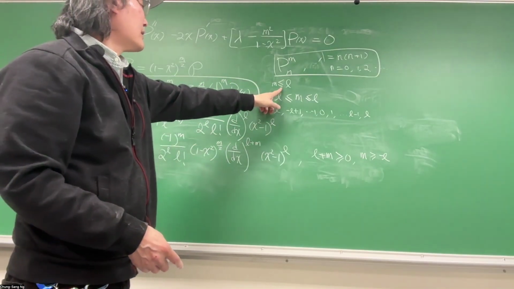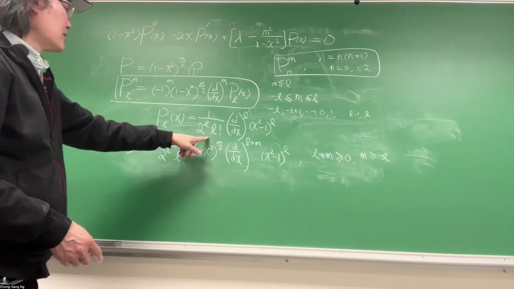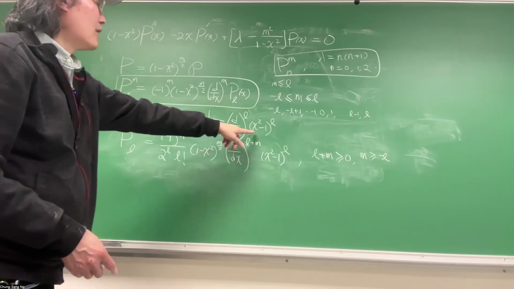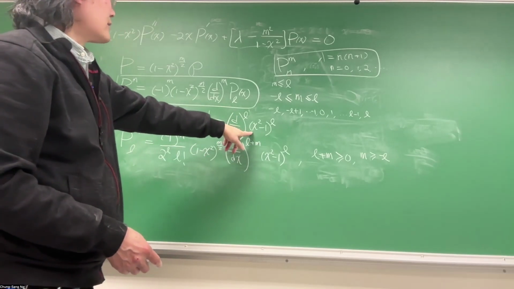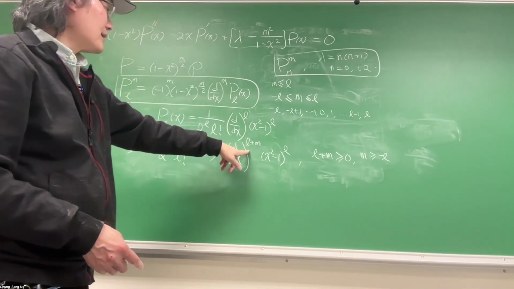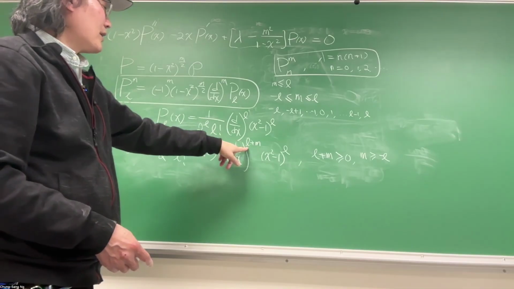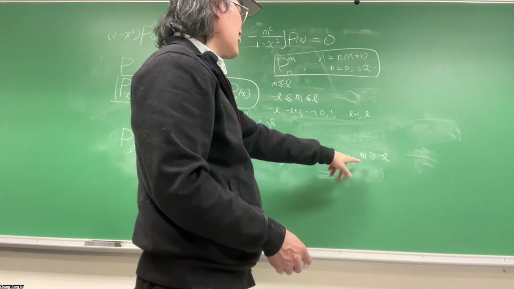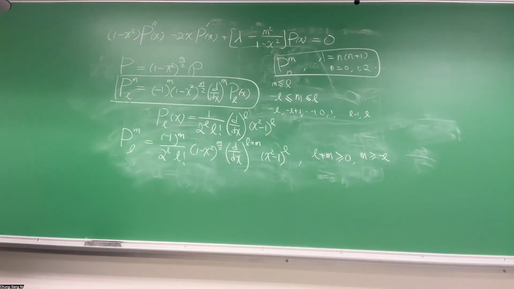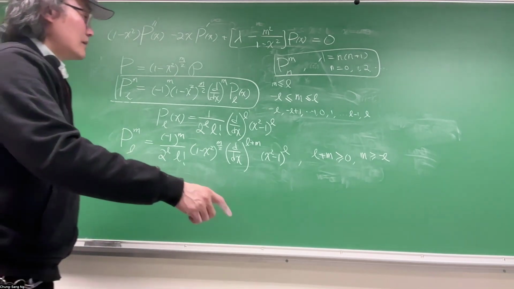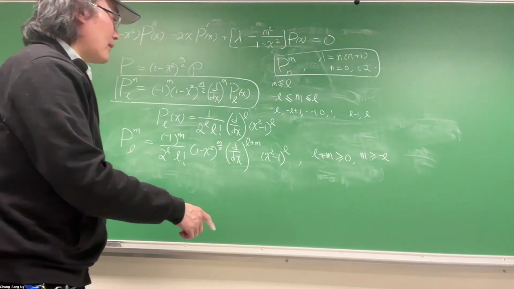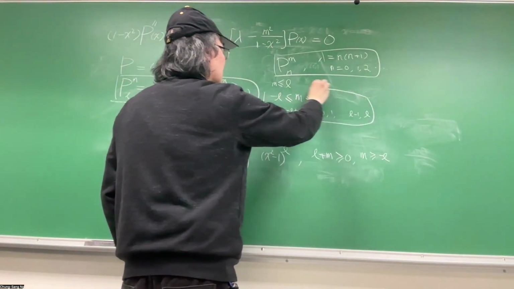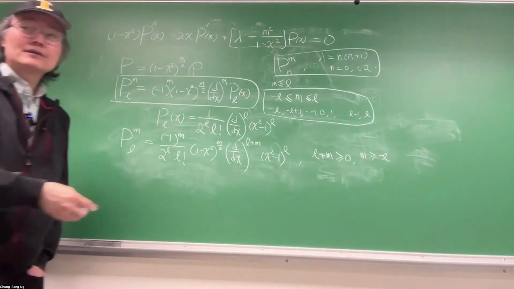Now after you extend it using the Rodrigues formula, because P_L already has the L derivative of this factor, the total number of derivatives is L plus m. As long as L plus m is greater than or equal to 0, it's still defined. So you can define your associated Legendre function even for negative m. So the total condition for m satisfies this equation.